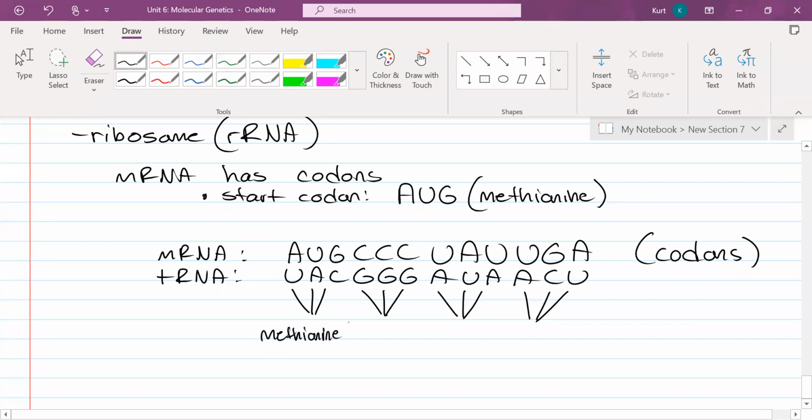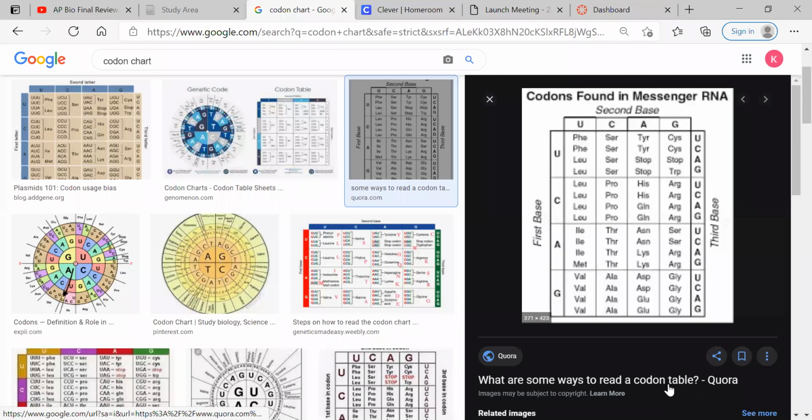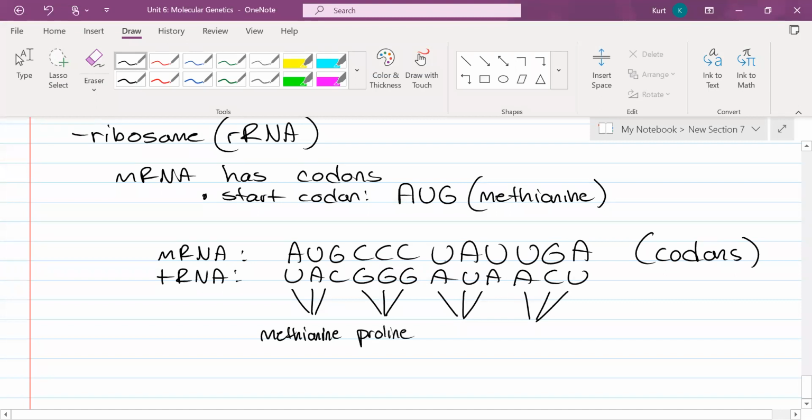Let's look up CCC, see what that is. That's proline. See, it says PRO. That's going to be the amino acid proline. And then we have UAU. Let's look at that.